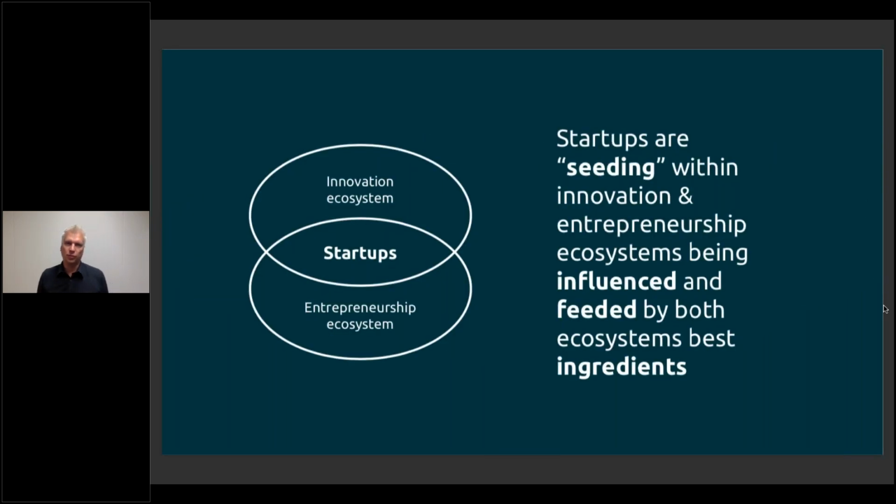So when we look at them in general, startups are seeding within innovation and entrepreneurship ecosystems, being influenced and fed by both ecosystems' best ingredients.